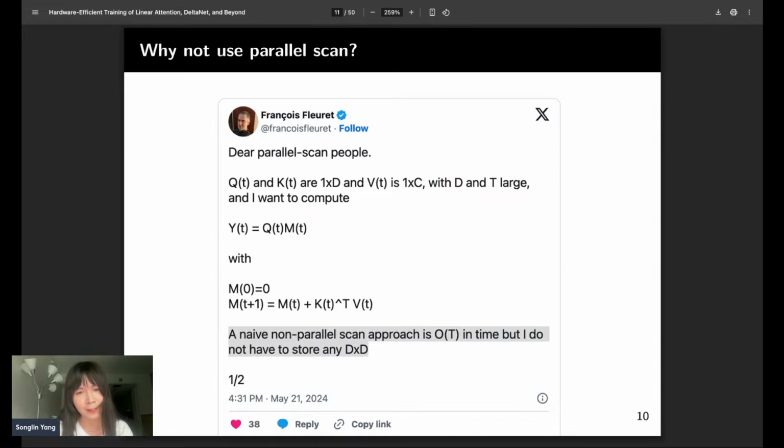This is super memory consuming because linear attention implements a state expansion mechanism, and for each position the recurrent state is d by d. If we materialize the recurrent state for every single time step, the memory complexity is O(L times d squared), which is d times larger than the query or key vectors, and this is not acceptable. For these reasons, parallel scan is just too slow in practice to train linear attention models.